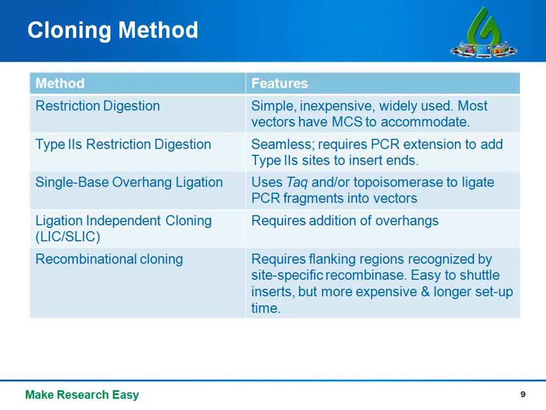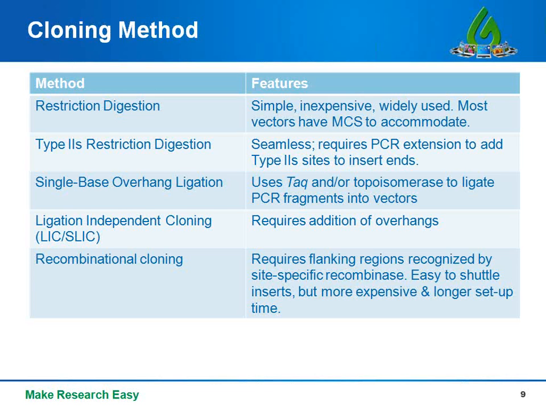This strategy is used in Gateway cloning and in Cre-lox-mediated recombination. This method makes it easy to shuttle inserts between different vectors without the concern of having to avoid internal restriction sites, because it's very unlikely that your site-specific recombination sites will be found internally in your cargo. However, these methods are more expensive and they require a longer setup time.